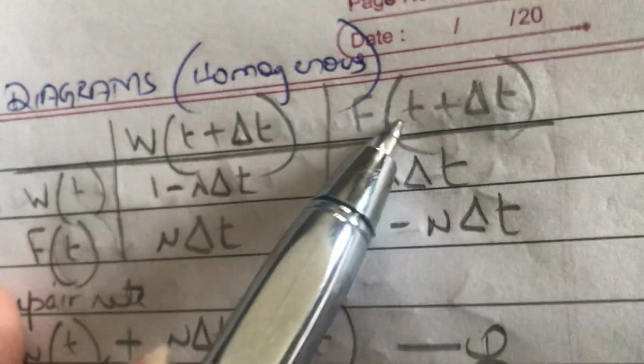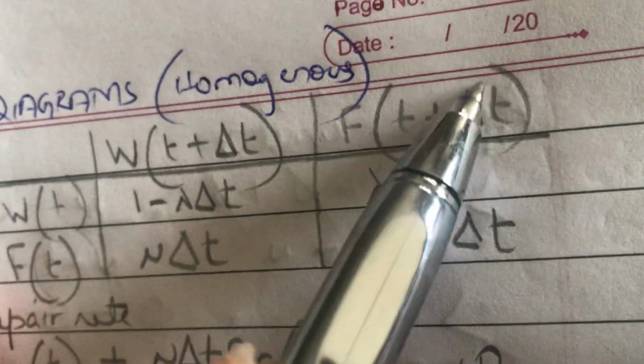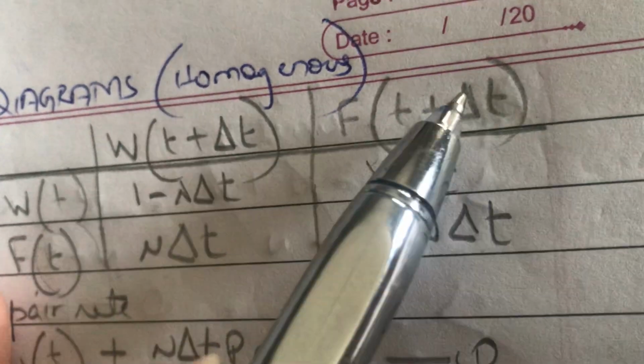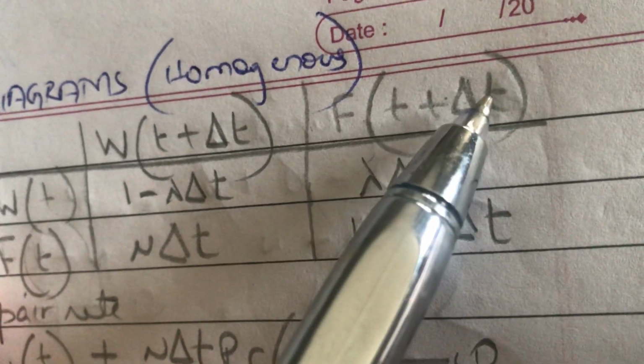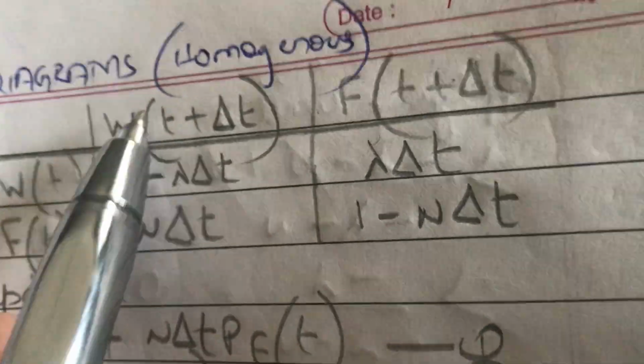So obviously at time t, when it is failed, it would be added to t plus delta t, the time step, because it goes step by step from working to failed condition and from failed to working condition.